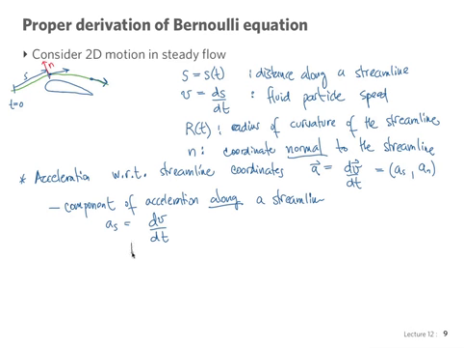So recall that V is really a function of S, and so we use the chain rule to write dv/ds times ds/dt. And ds/dt is V again, so this is just dv/ds times V.